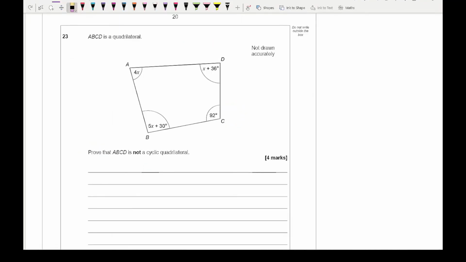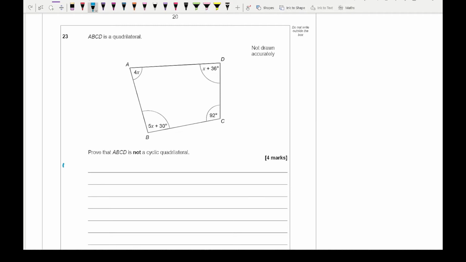So moving on to question 23, it says ABCD is a quadrilateral. It says prove that ABCD is not a cyclic quadrilateral. Now for this proof question, it's always important that we state a fact to show how we're going to disprove, in this case, that ABCD is not a cyclic quadrilateral.